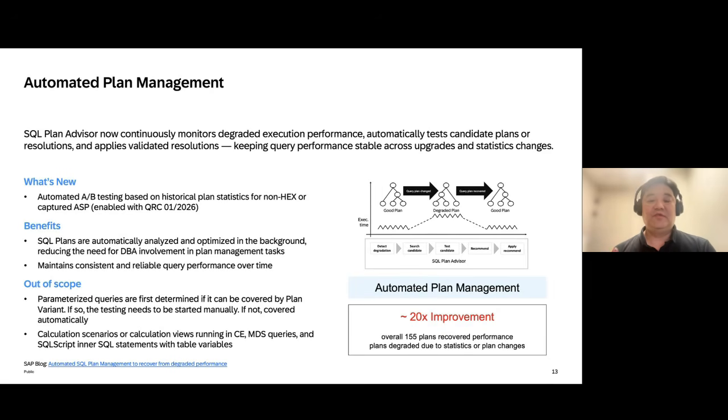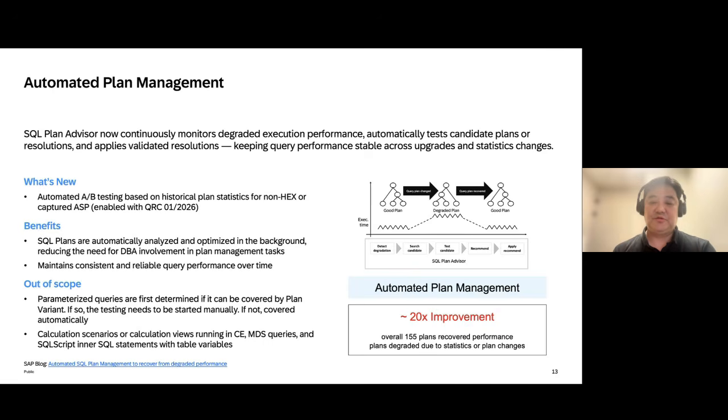For this case, we think plan variant would be more optimal, but since it needs to test 50 times, we have not covered it to be automated for such a case and rely on manual testing to be started for such cases. But if it's not part of the plan variant, then we do utilize the previous historical plan statistics to check if we can further optimize based on the historical.